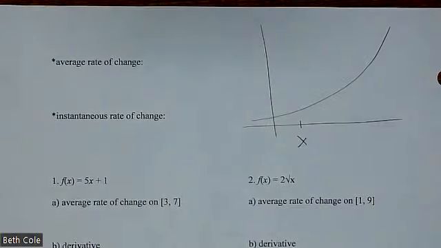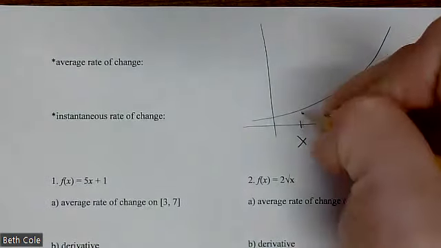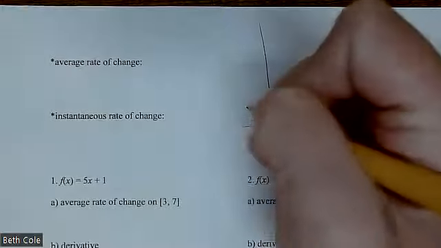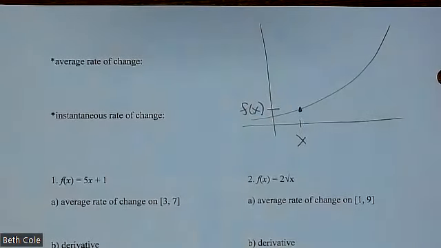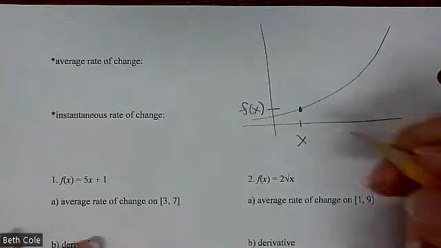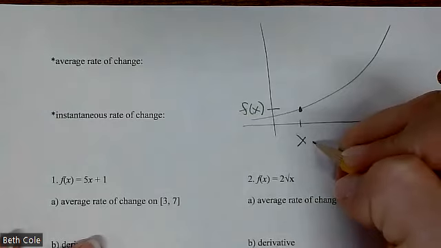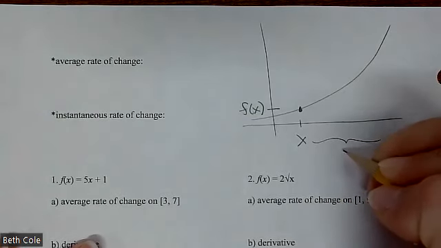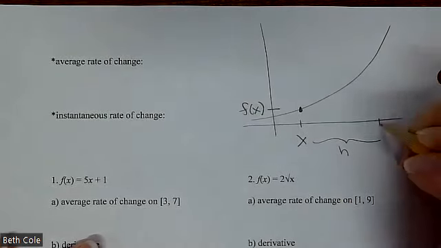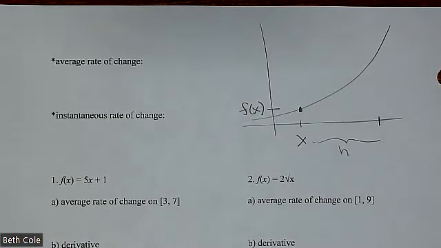So here's a point x. On the graph, the output would be f of x. x, f of x. With me so far? Yeah. Okay. Now what you're going to do is create an interval. So we're going to travel a distance of h down the x-axis.